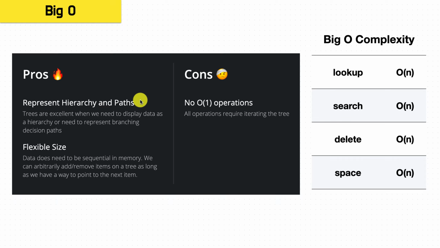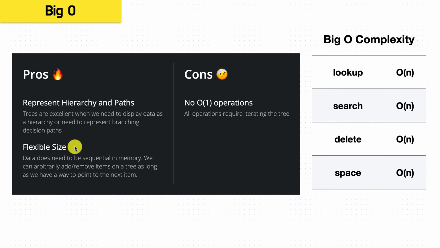You have managers who have employees below them, and so on. Or in programming, we use trees and its hierarchy to represent things like the web page, where we start at the HTML node and then fill it with nodes downward and across to create the web page. Or we can use a tree to represent paths, where we start at the root node and then can follow its children nodes until we find the location that we're looking for.